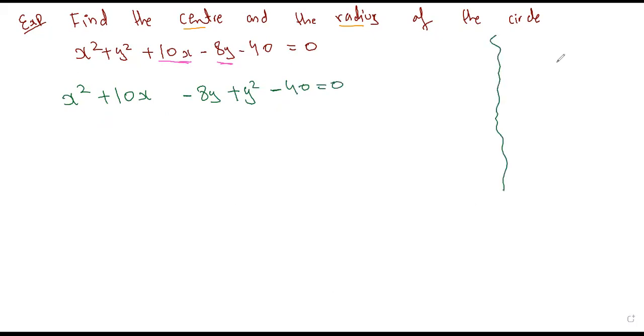We need to get something of this type, x minus a whole square plus y minus b whole square equals r square, just so I know the coordinates of the center and the radius, right? That is the question basically. So in order to get something of this type, you need to apply the completing square method. Now, how do we go about this?